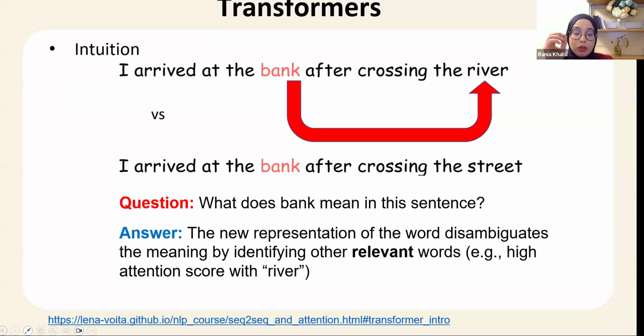If the missing word turns out to be river, then the attention weight between bank and river will be high, shifting the meaning towards river bank.